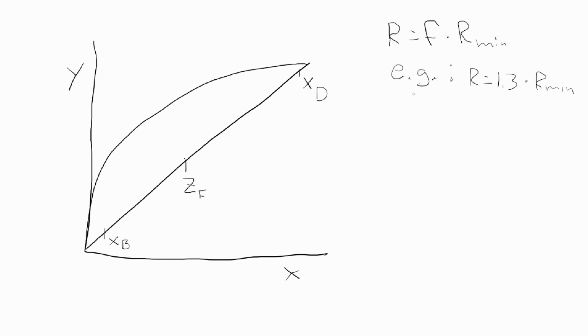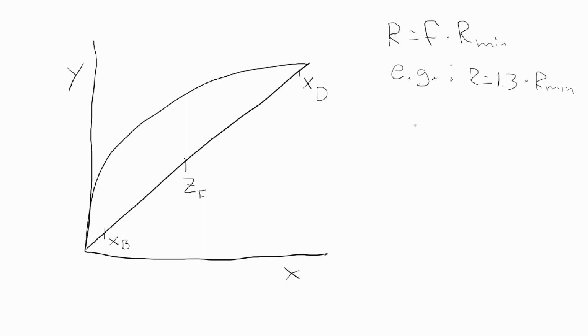And the question then will be, given this feed composition, this distillate composition, this bottoms composition, for this reflux ratio, how many stages do you need? You'll also be given one more thing. You'll be given the conditions of the feed. That is, how much vapor and how much liquid there are in the feed. That will determine your Q value.